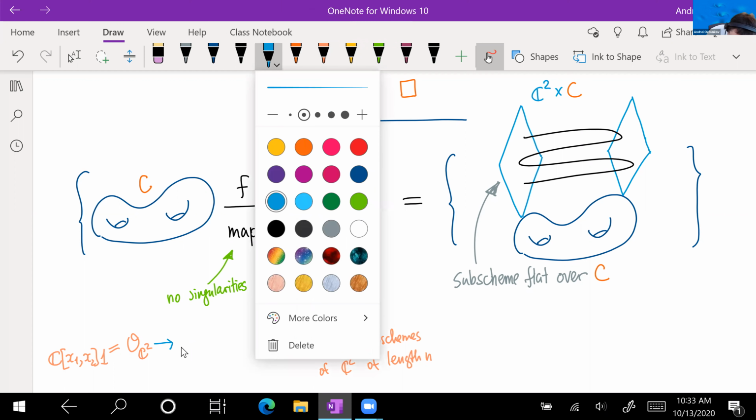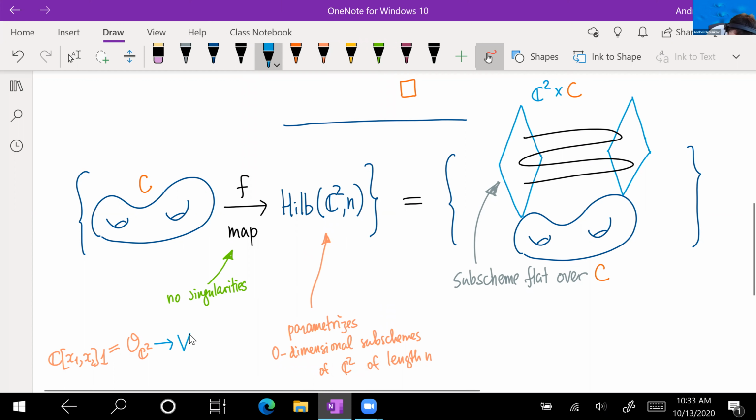And that had this V, which is the structure sheaf of that subscheme. Right.